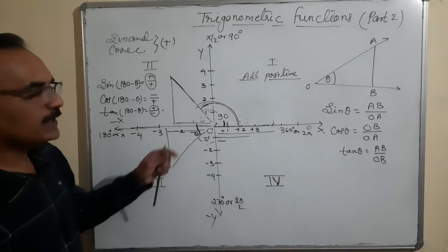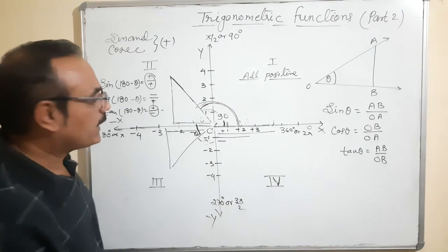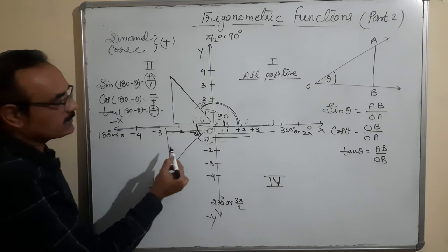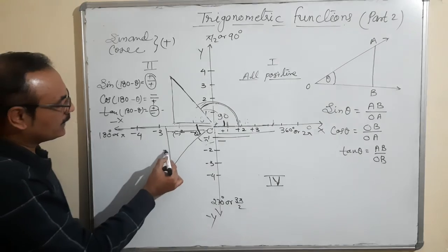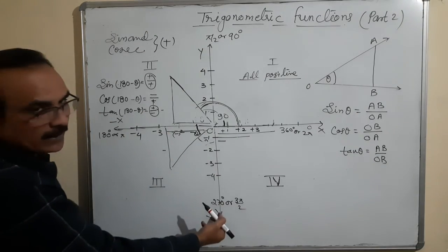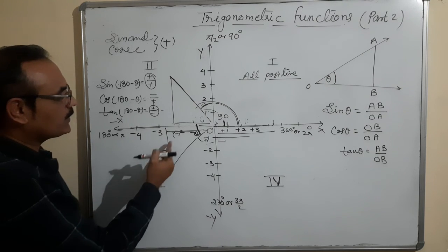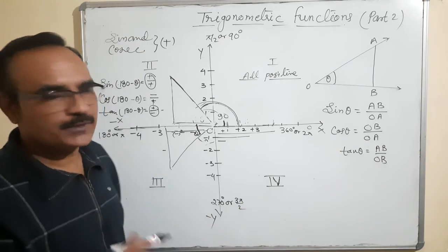Now see how many trigonometric terms are positive and negative. Here you can see that this is on the x-axis, base is negative, and perpendicular is also negative, because on the downside, by the sign convention, downside parallel to the y-axis is the negative side. So the perpendicular and base both are negative. Only the hypotenuse is treated as positive.